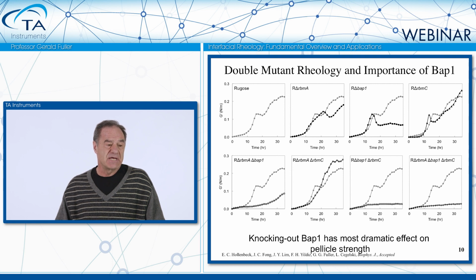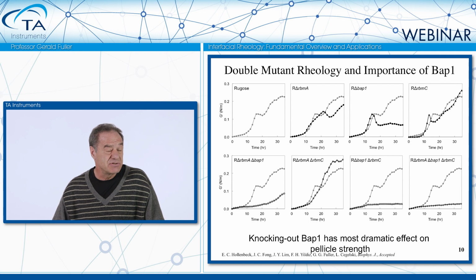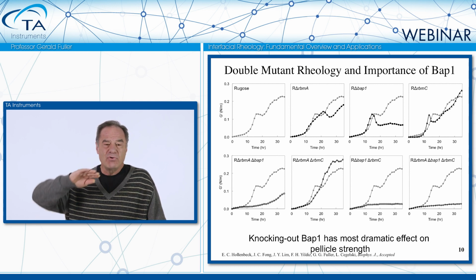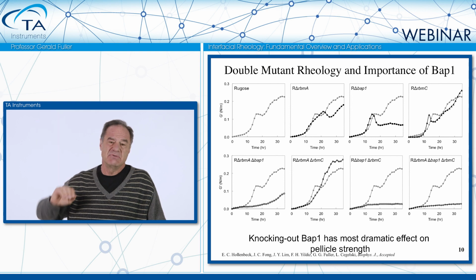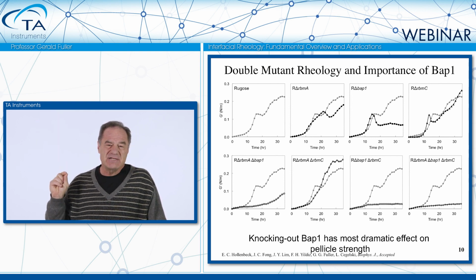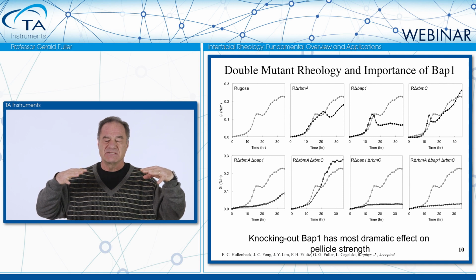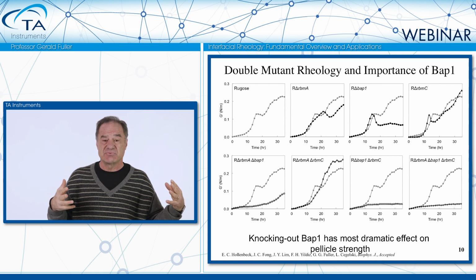And look at those time scales. G prime, we're only tracking here the elastic modulus. We also measure the viscous, but the elastic is the predominant modulus. The time scales are very long. We usually get a local maximum, and that's accompanied by a wrinkling of the interface. It's a mechanism where the interface relaxes some of the stress by wrinkling.